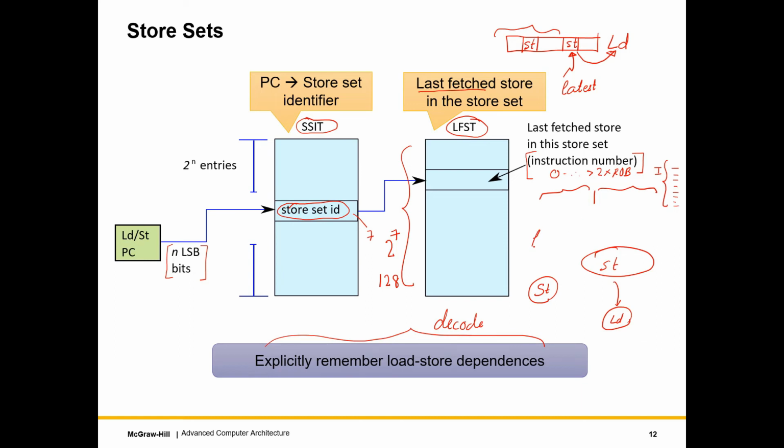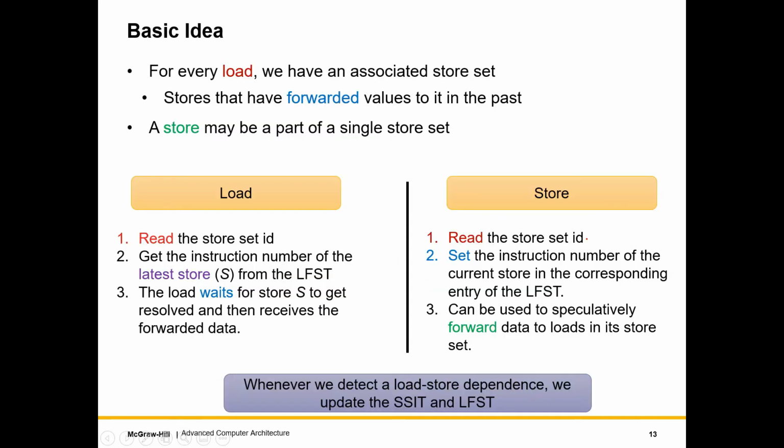Every load, if it has a store set associated with it, has the ID of the latest fetched store, which it will use. How will it use it? This is a text heavy slide, so let's go slow. For every load we have an associated store set. Stores that have forwarded values to it in the past are members of the store set.